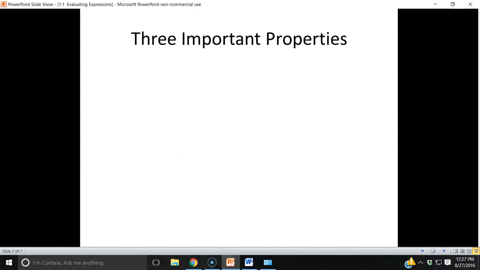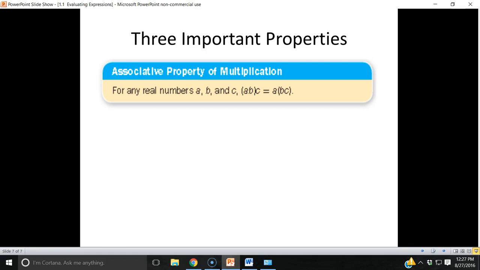And to finish up this first lesson, just a very brief review, 3 important properties. Number 1, associative property of multiplication. Very important. For any real numbers a, b, and c, the product of a and b times c is the same thing as the product of b and c times a.